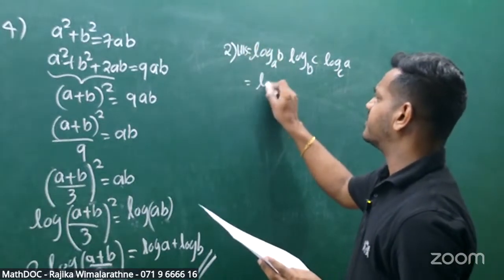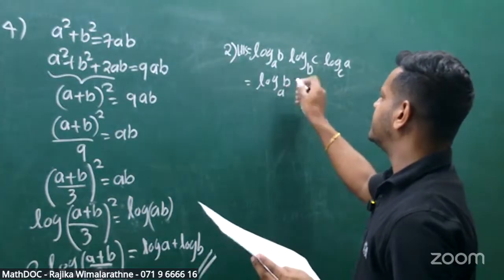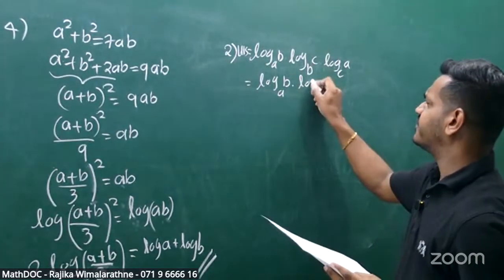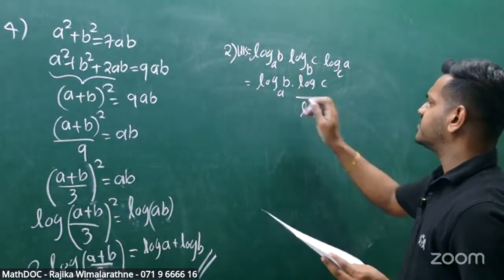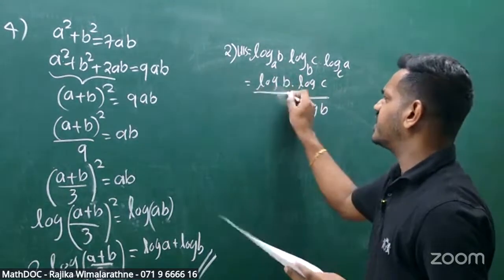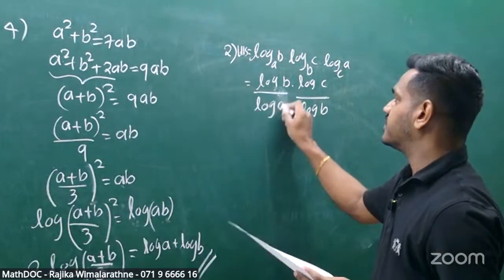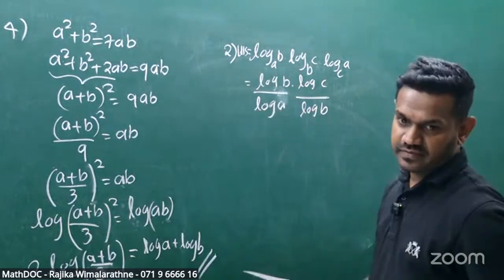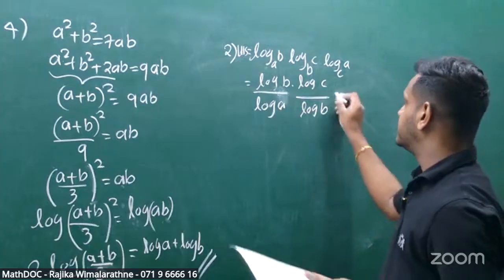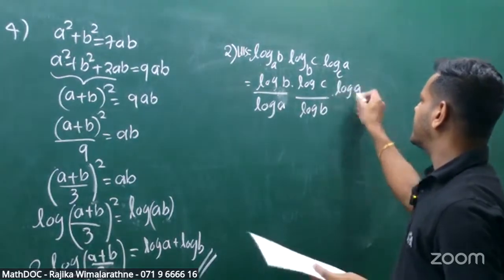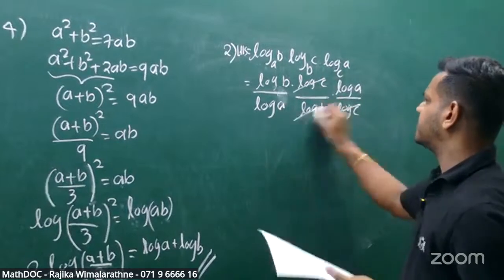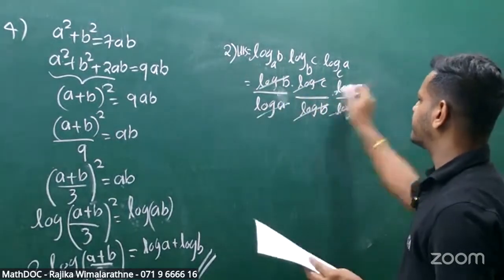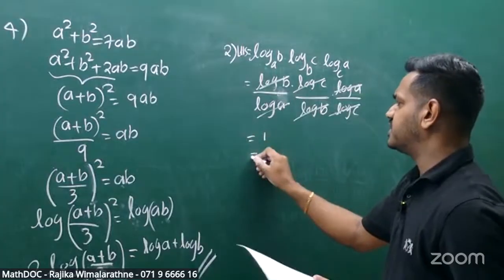Then write log a base b as log a over log b, and log b base c as log b over log c. You can write these as division of logarithms with a common base, and log c base a as log c over log a. Then cancel log c, cancel log b, cancel log a. So that is 1, the right hand side.